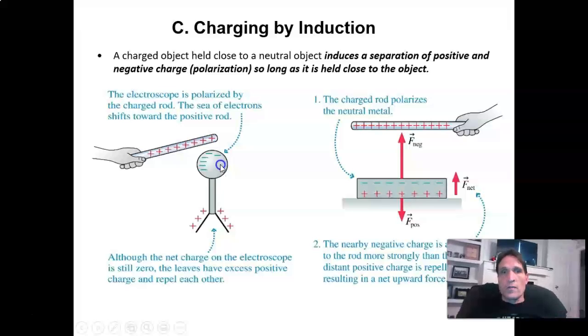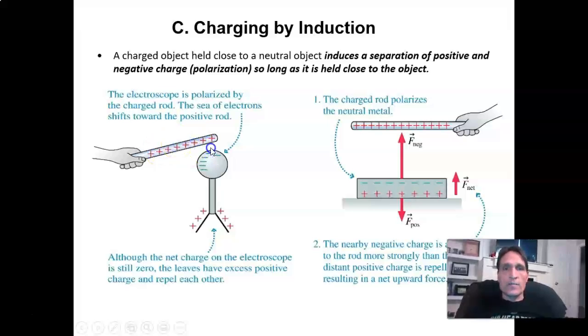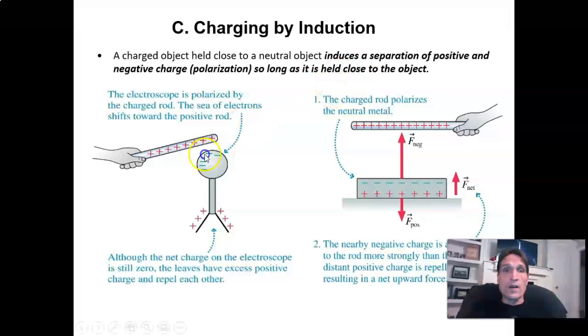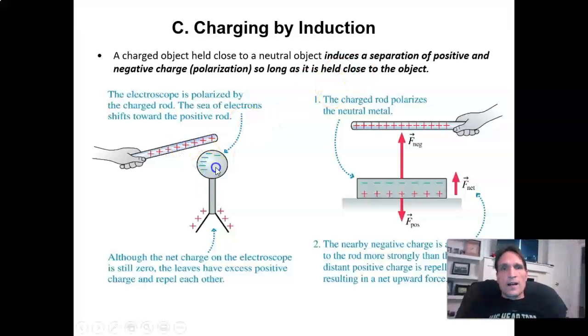And so they're going to be attracted by this positive charge, and the negative charge is going to shift toward this positively charged rod. But it can't jump the air gap, unless this electric field is big enough, which we're not going to consider right now. So the negative charge gets attracted by the positive charge on the rod, and the positive charge will move away. The positive charge gets repelled.